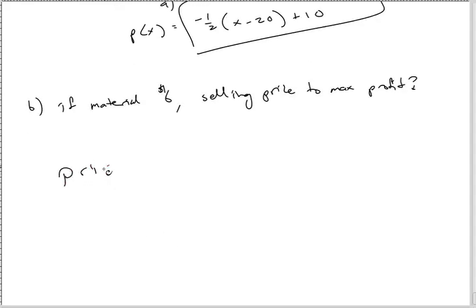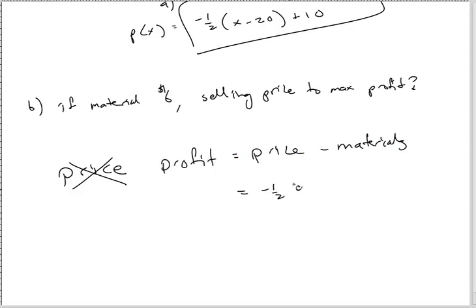My price is still the same, but I'm looking now for profit. And so that's going to be my price minus materials. So that would be my -1/2 x minus 20, plus the 10, all this stuff here, and then minus $6 for each unit, 6x, blah, blah, blah, skip the math.